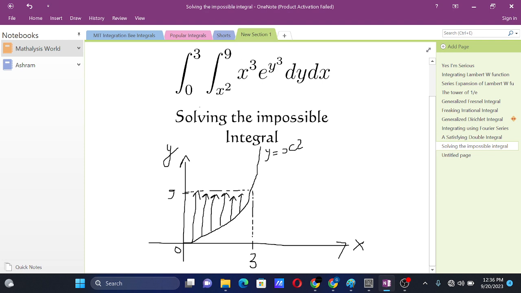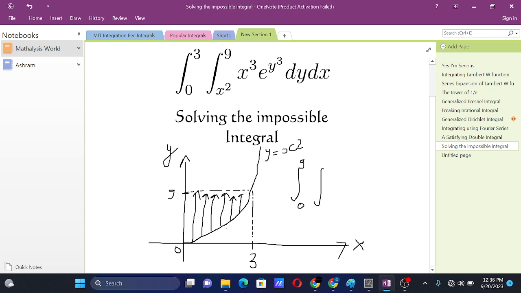If we want to change the limits of integration, we first need to fix the values y goes from. So y goes from 0 to 9, and when y goes from 0 to 9, x goes from 0 to root of y.